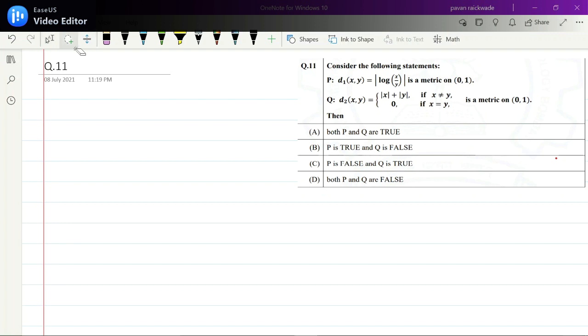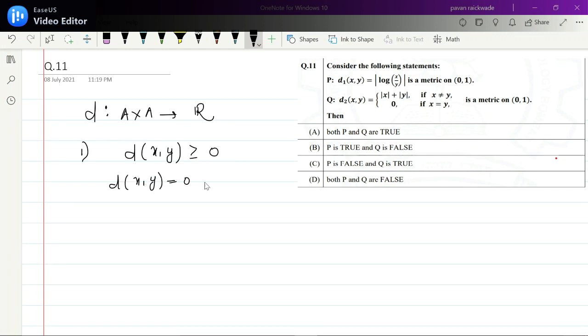A metric D on a particular set A is actually a function from A cross A to R. In fact, it's a generalization of distance, satisfying certain properties. First property: the distance between any two points x, y is always non-negative and is 0 if and only if x equals y.